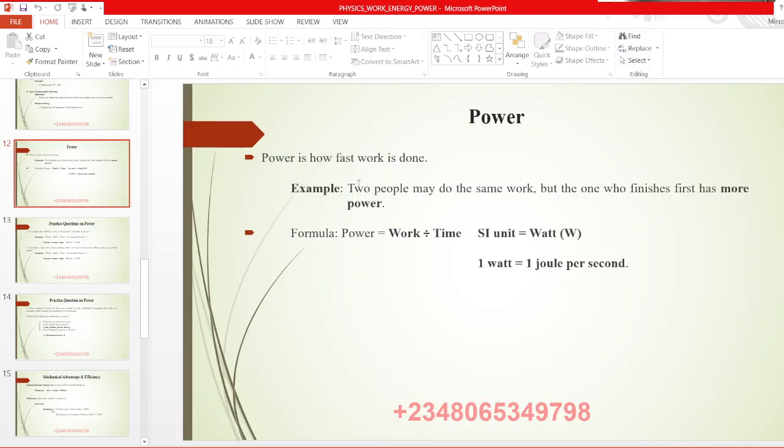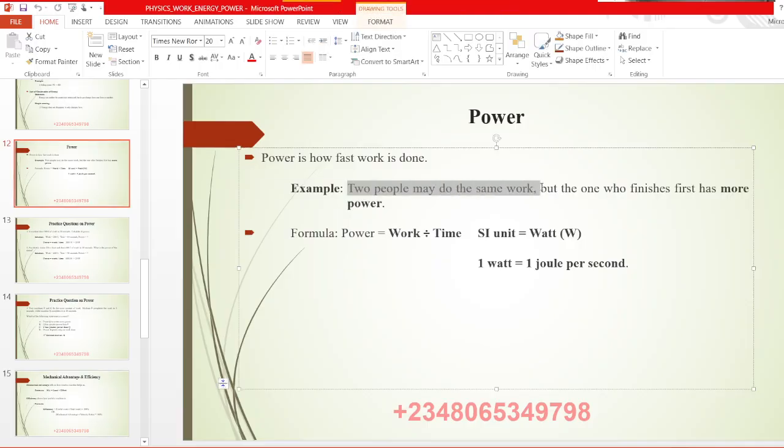So when you apply a force on a body, the faster the work is done will tell us the amount of force you have applied. So two people may do the same work, but one finishes first, and the one that finishes first has more power. That means the one that finishes first has exerted more force to finish that job.